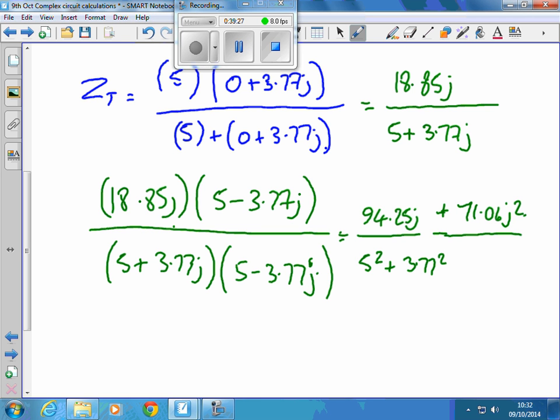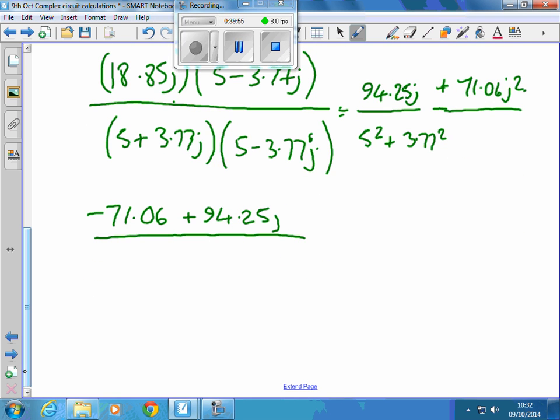Plus 71.06 J squared. So that must be minus 71.06, yeah? Plus 94.25J on the top. And what is 5 squared plus 3.77 squared multiplied out? 39.2.